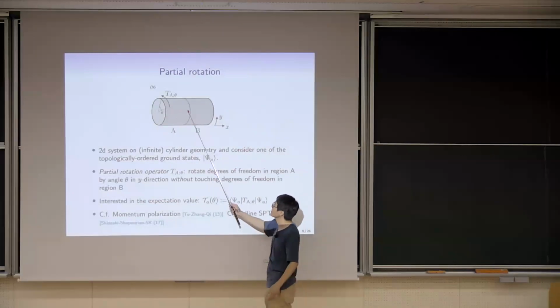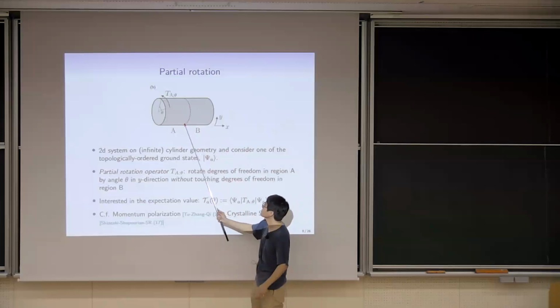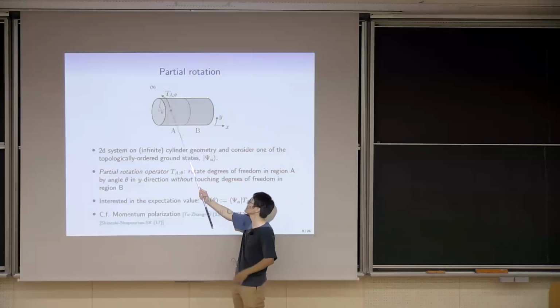To learn about anyonic excitations, I would do the following. I consider rotation operations. I rotate the locations of all particles along the circumference. So I rotate my state by an angle theta. That's the operation T theta.